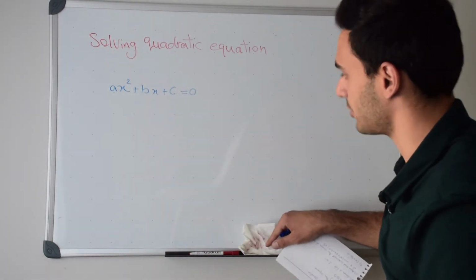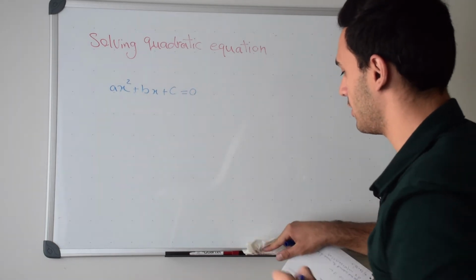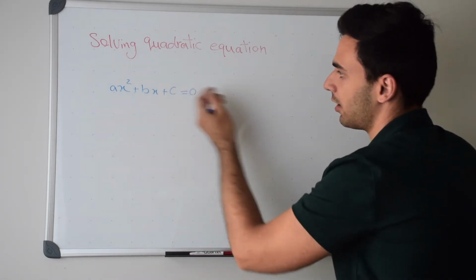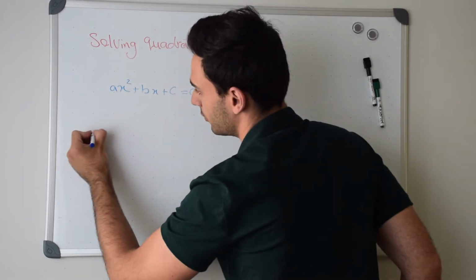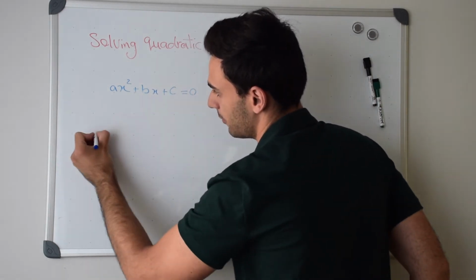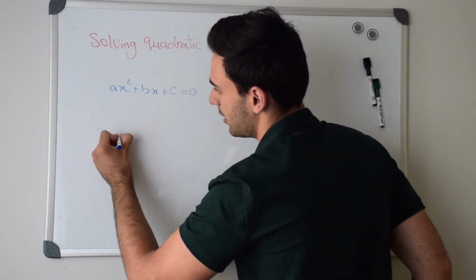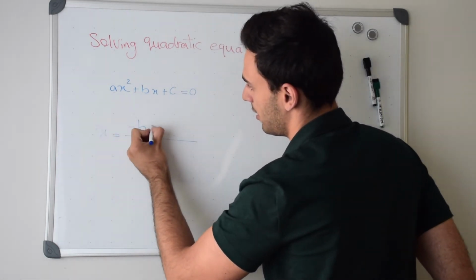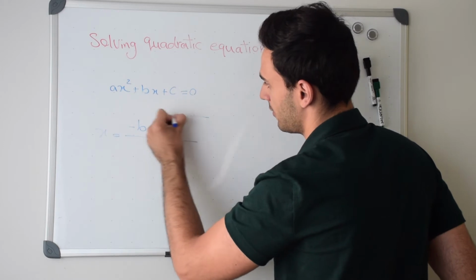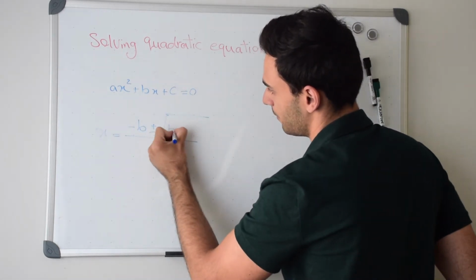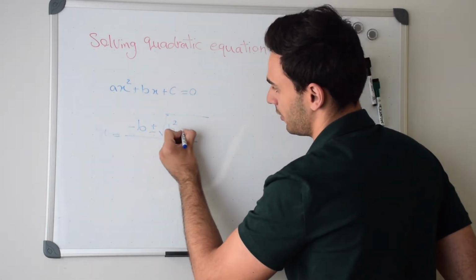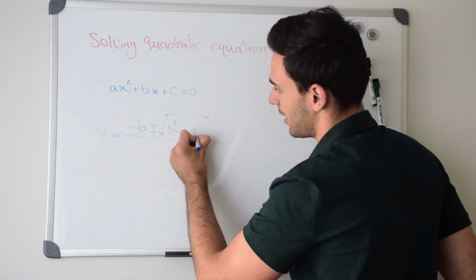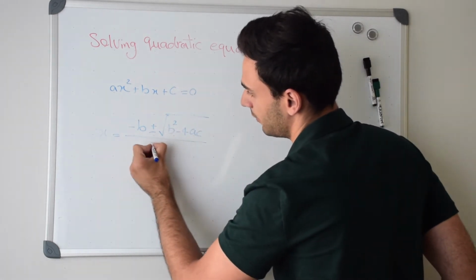And the answer to this equation can be derived with this formula: x equals minus b plus or minus the square root of b squared minus 4ac, divided by 2a.